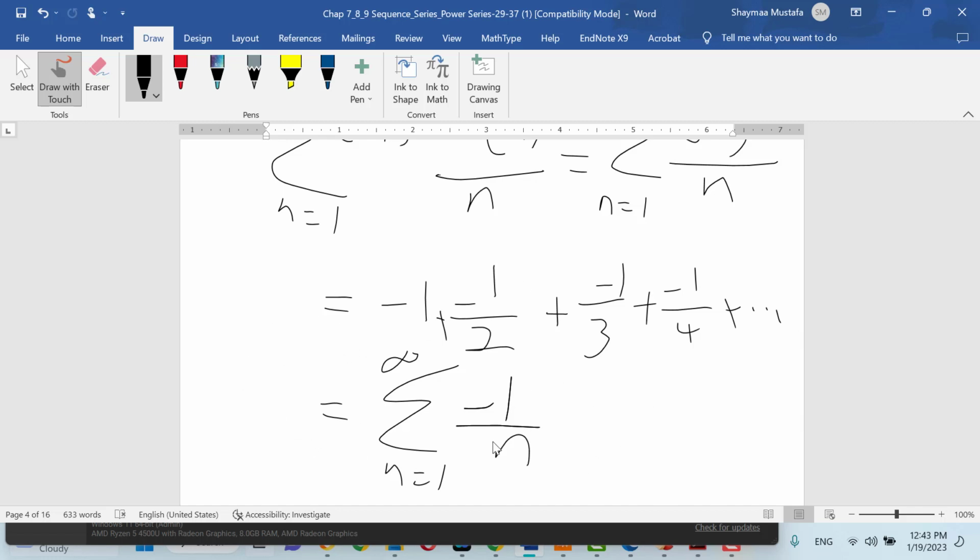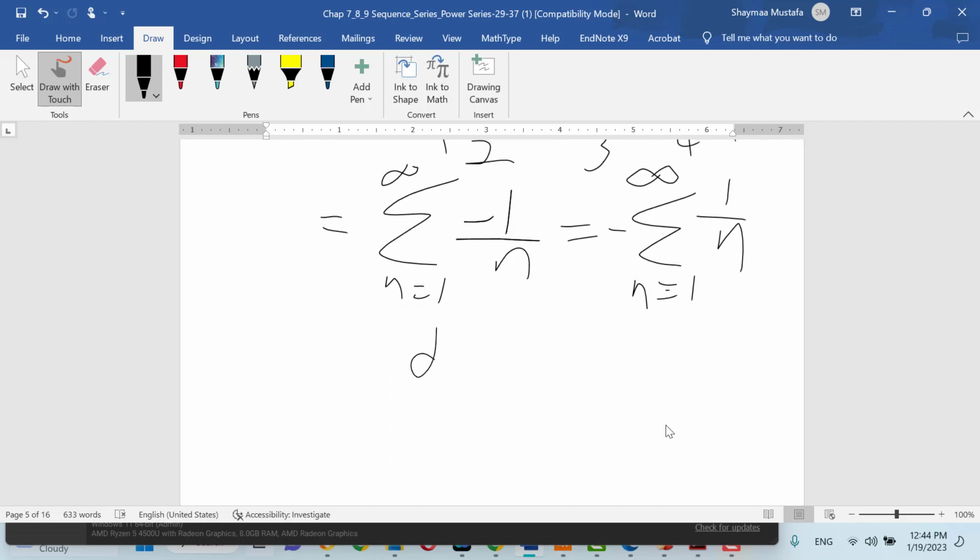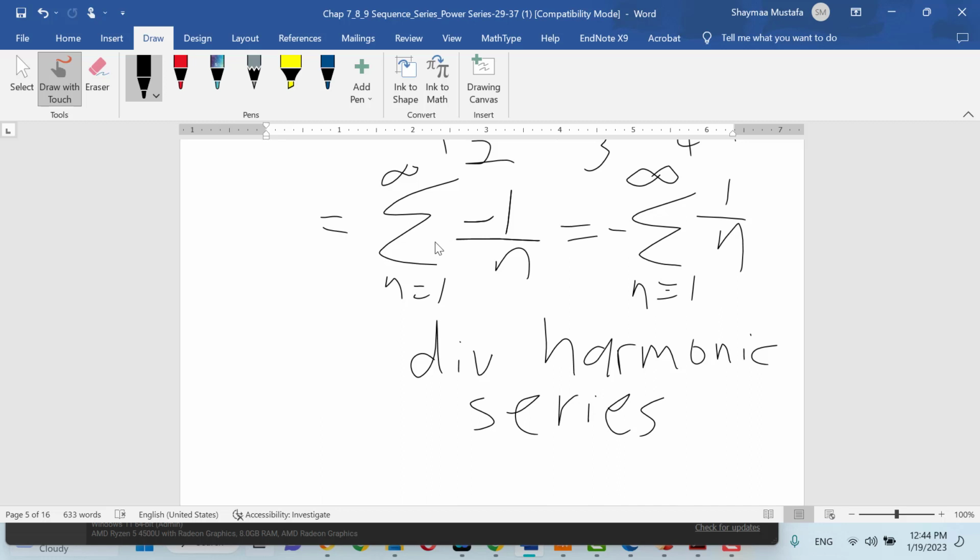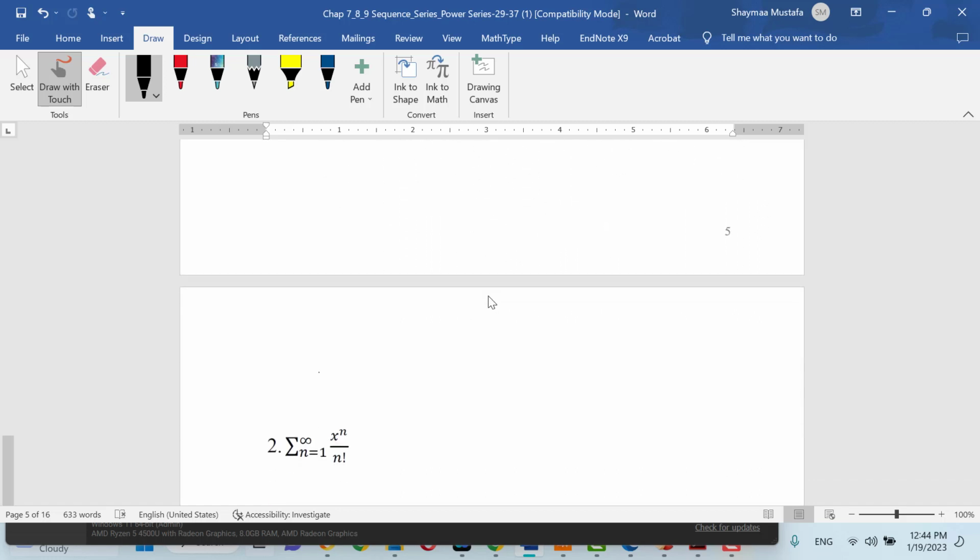This is your series when you substitute x by -1. The minus is outside as a constant, and this is the divergent harmonic series. This means that at x equal to -1, the series diverges, not converges. So it will not be included in our interval of convergence.